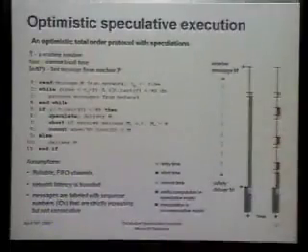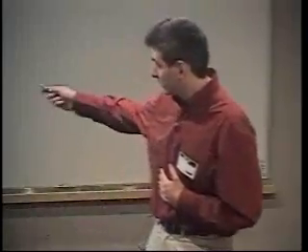So you can imagine the protocol that I described here as a layer that stands between the network and the actual application. So you receive a message, you don't know if you can deliver this message to the application right away. It could be the case that you have to wait a certain period of time until you receive confirmation that this is the actual message that you have to deliver to the application.